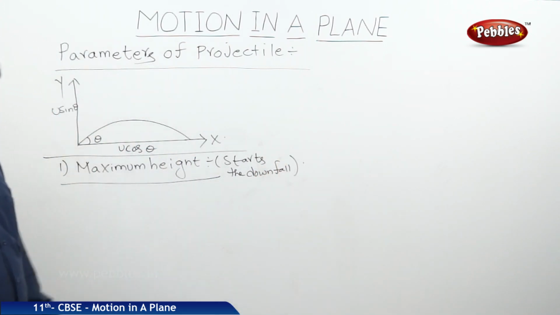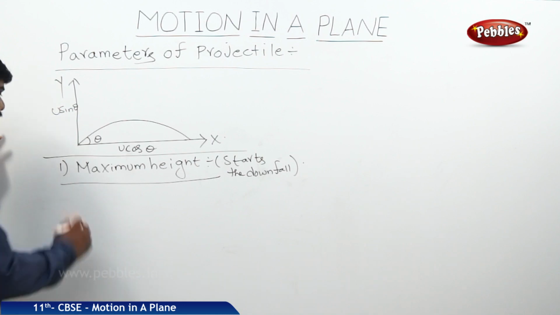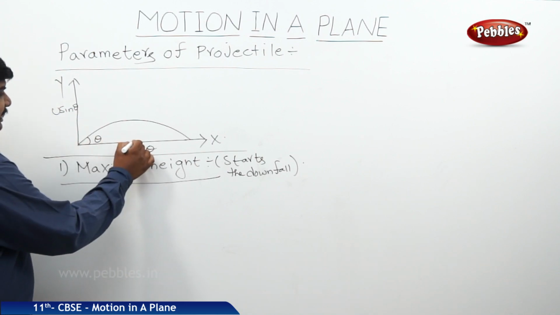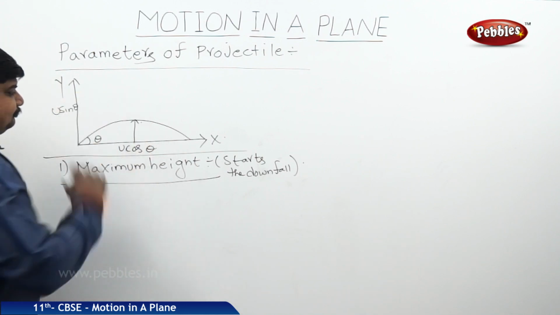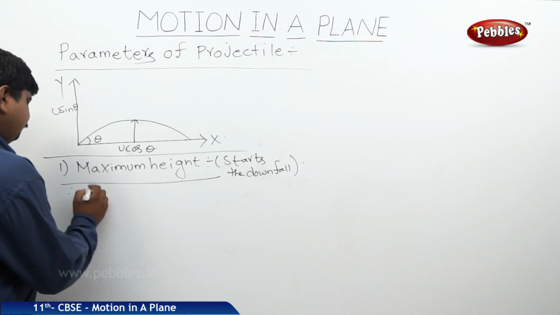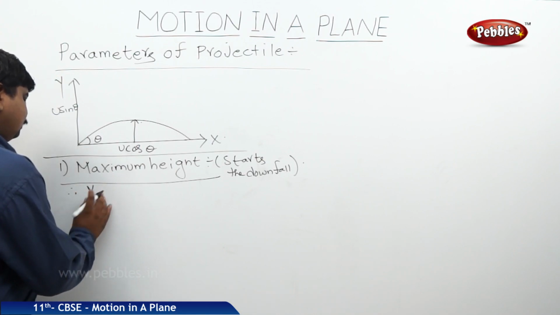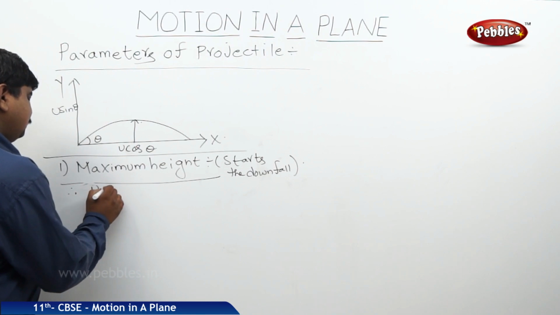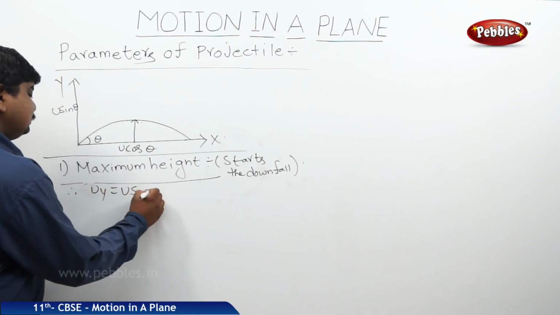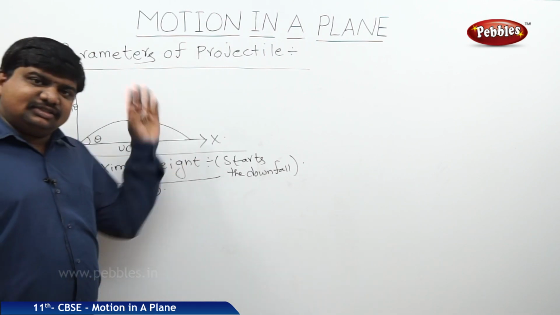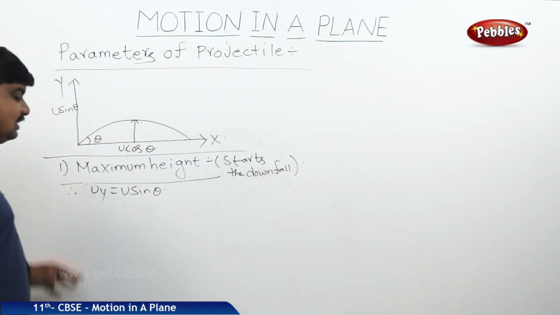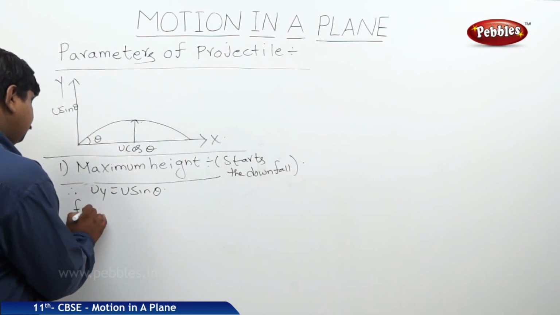So what are the physical quantities involved in this maximum height? Let us say the maximum height means it is in the direction of y. So uy is equal to u sin theta. Once it reaches the maximum height, final velocity of the body will become 0.